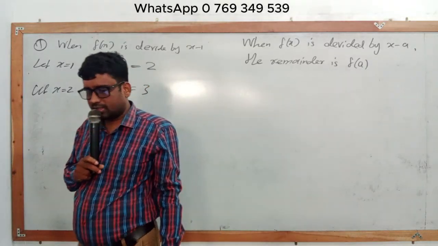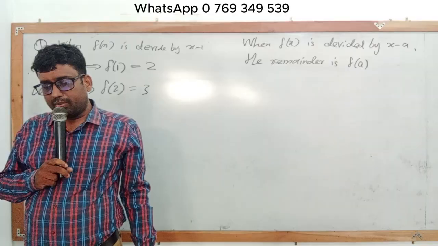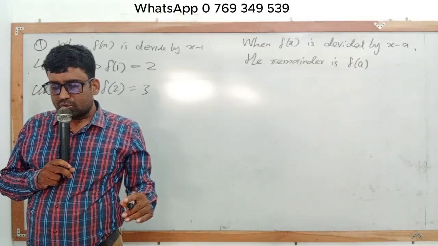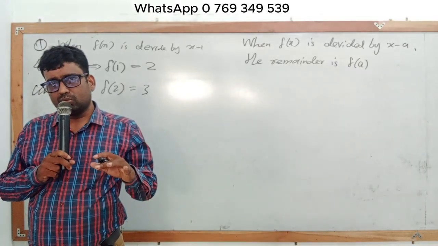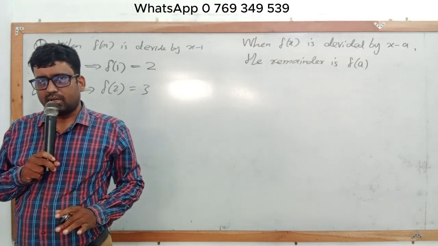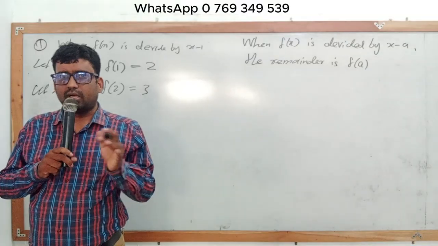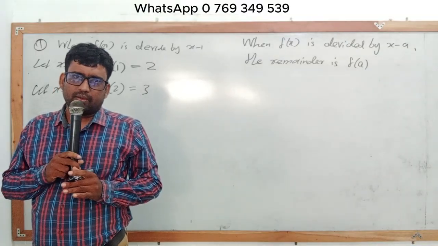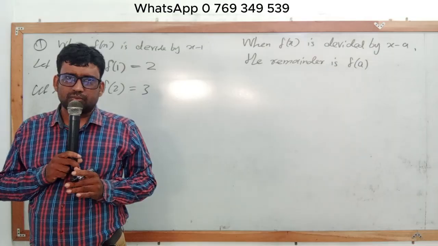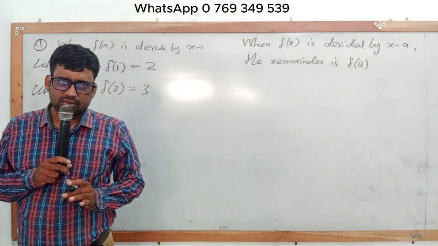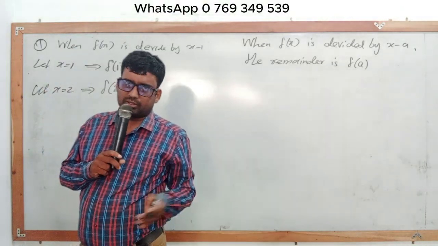Very simple, right? Find the remainder when f(x) is divided by x minus 1 and x minus 2 both. The product of x minus 1 and x minus 2 is a second degree function, a quadratic function.